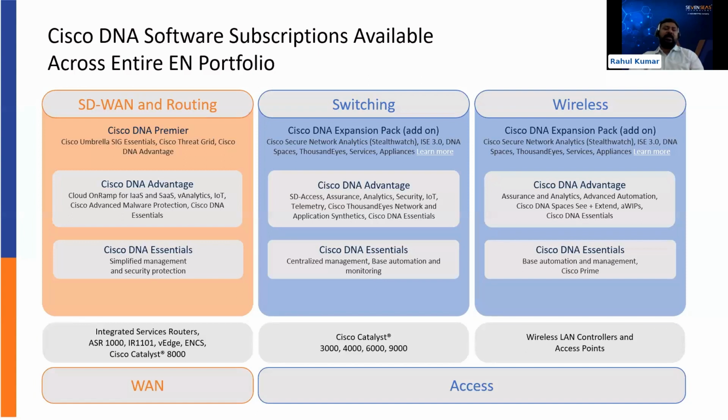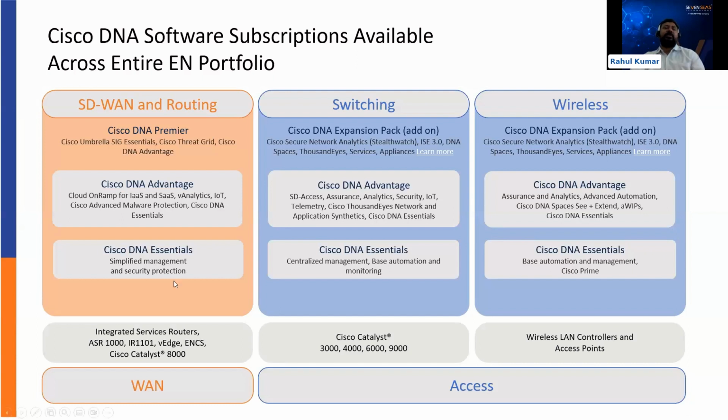On the WAN, we talk about SD-WAN and routing. The WAN will cover your routers, so all the ISR routers which you already have, or virtual routers, or your Catalyst ISR 8000 series.